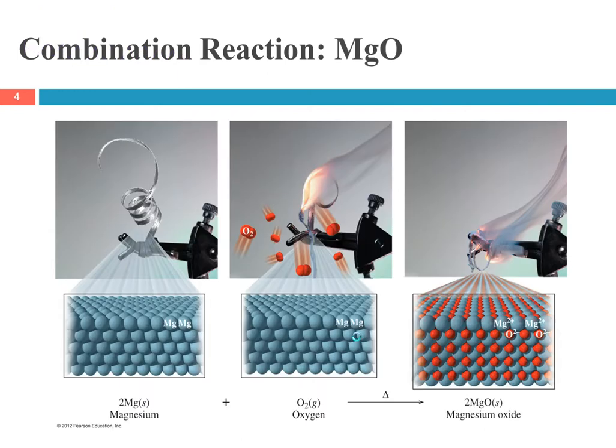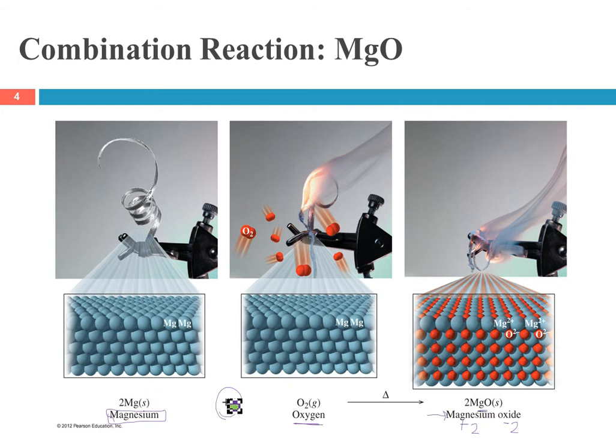Now, I want you to know that in addition to being able to look at the chemical equation, you should also be able to look at the word format of it, because I can easily say magnesium reacts with oxygen to yield magnesium oxide, and you should be able to tell me what magnesium oxide looks like, because we know magnesium has a +2 charge, oxygen has a -2 charge, so they just come together to form MgO.